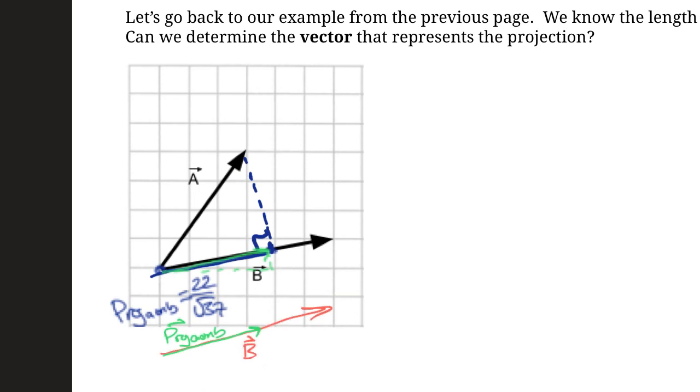Well, I made you watch a video that I made about normalizing vectors. And there's a reason I gave you that video, and it's because we can use it here. So remember what it means to normalize a vector. Normalizing a vector means making the length of a vector 1.